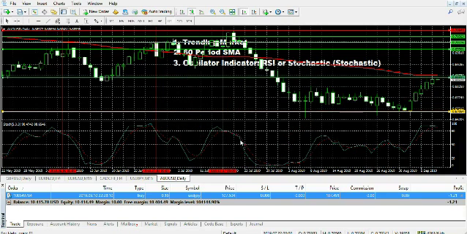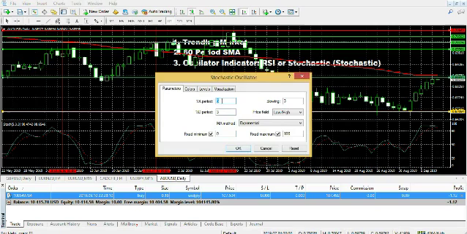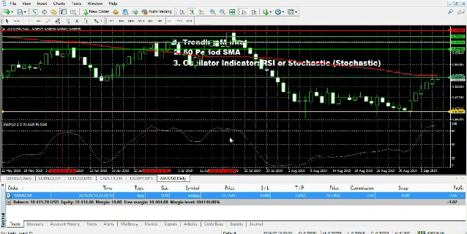Let me change it to exponential. You see, exponential seems a little bit smoother than the simple moving average. Let me edit this. Let me make this period 19. Okay. You see, you can actually get some pretty good results when you modify this a little, which means it was crossing initially when we were using 5.